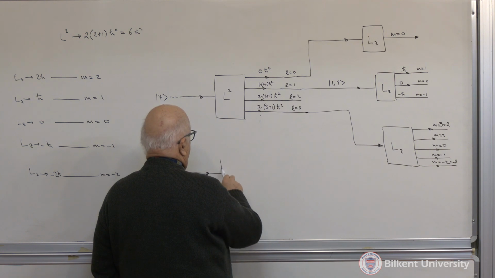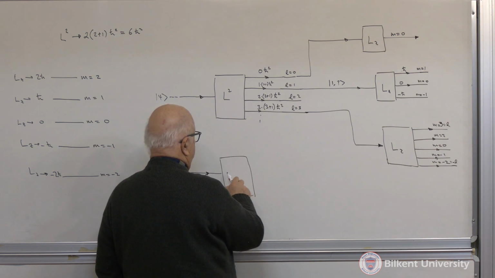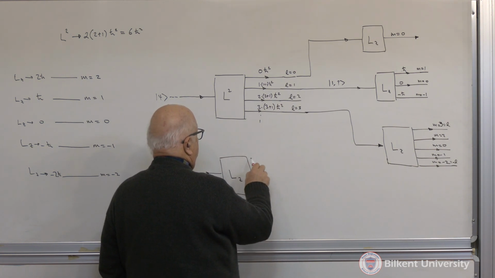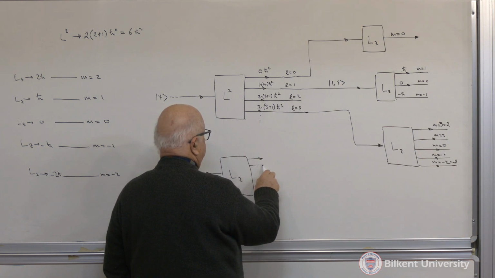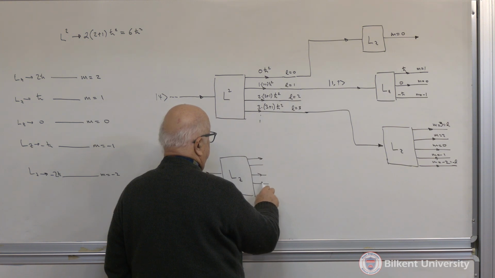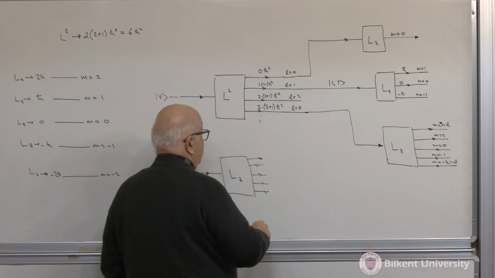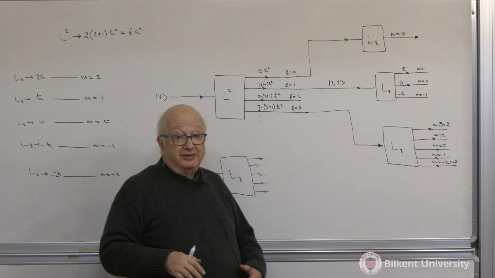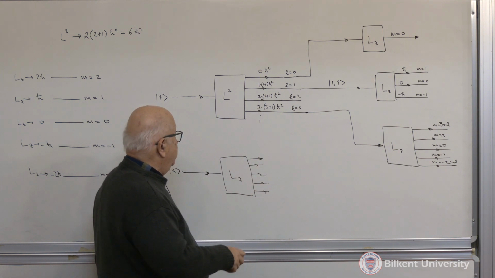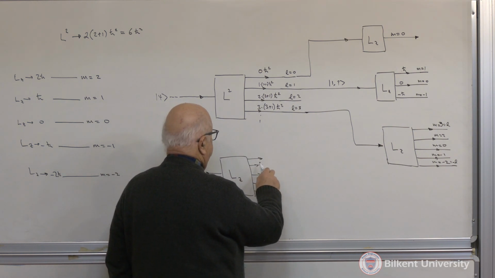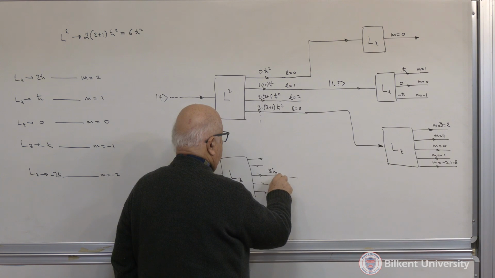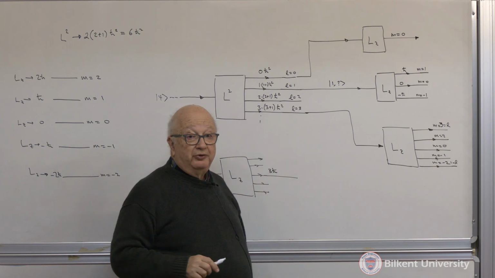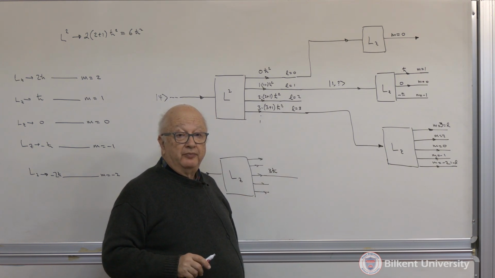Now I measure Lz, and suppose I have all these possibilities. Now Lz can be anything, right? Because I don't know what L squared is. Suppose I measure the z component of the angular momentum to be 3h bar.